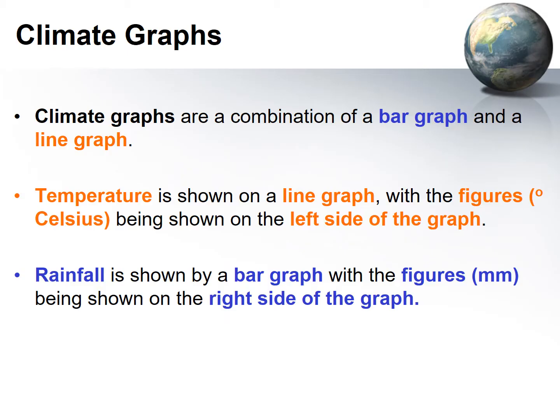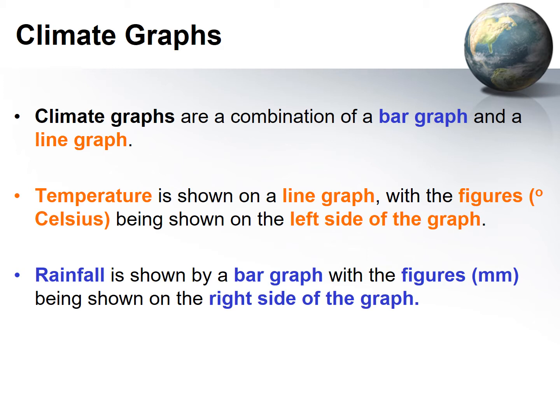To begin, we want to think about what is a climate graph. So climate graphs are a combination of a bar graph, which gives precipitation, and a line graph, which gives the temperature overall. Temperatures are always done in the red, and the temperature is shown on the line graph, with the figures being in 0 degrees because we are in Canada. The measurement for the temperature will always be on the left side of the graph.